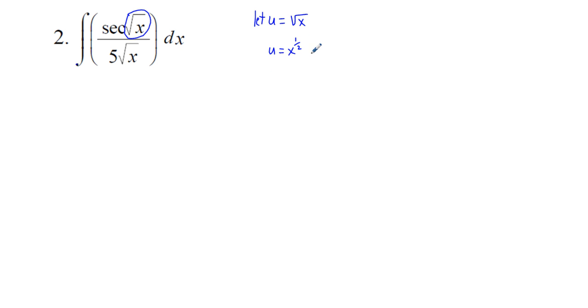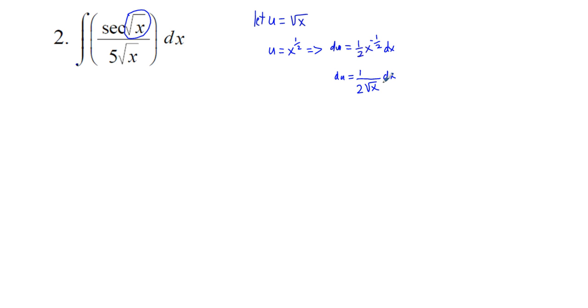And so now, I'll just continue to work to the right. We have du is equal to 1/2 x to the negative 1/2 power dx. And that's going to be du is equal to 1 over 2 square root of x dx.